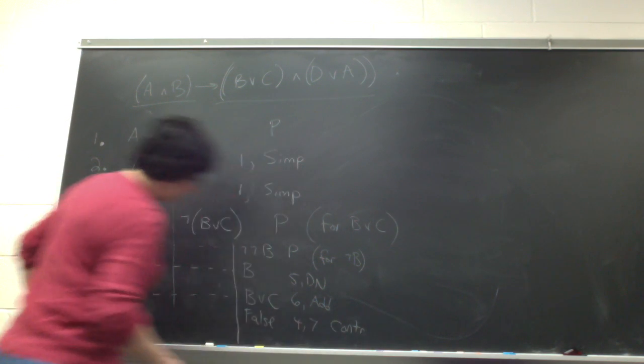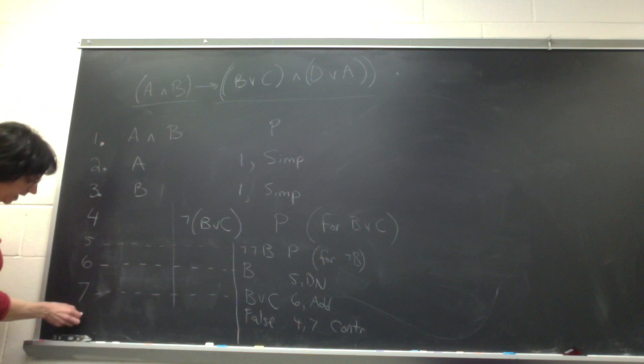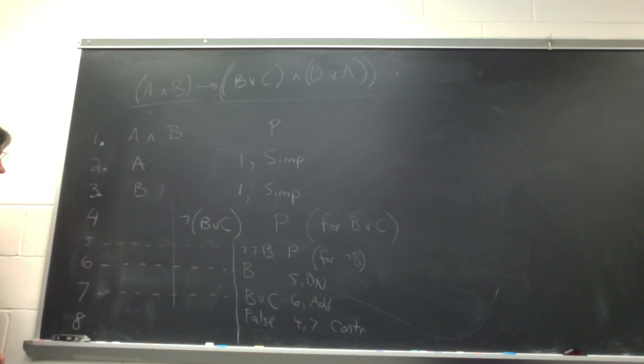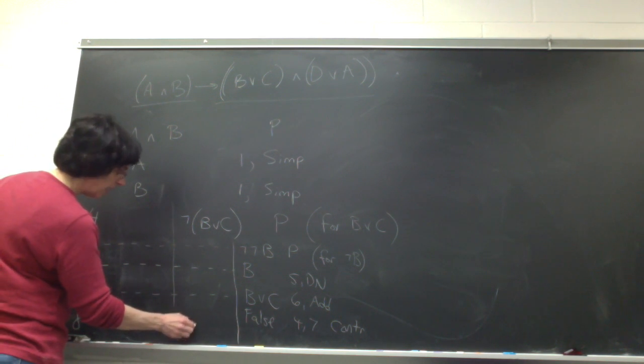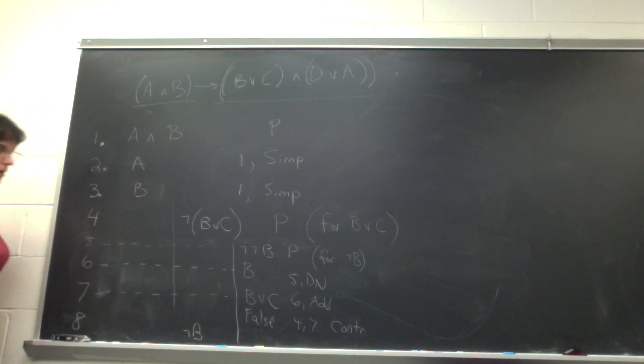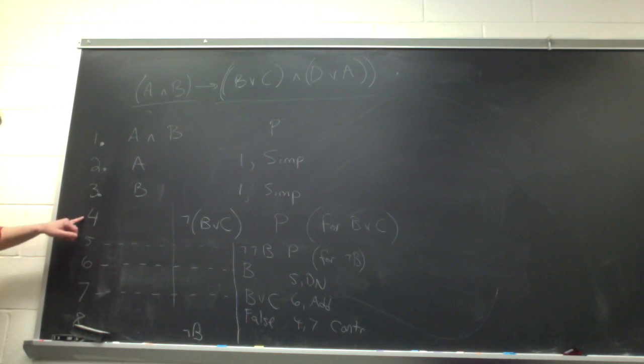All right. So that means that line 8 can say, I know for sure not B, which is kind of weird, right? And what lines is it based on? It's based on lines, yeah, it should.